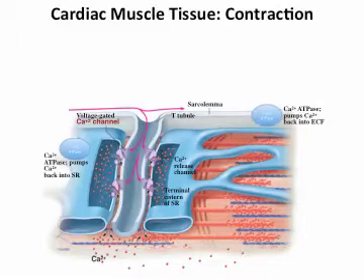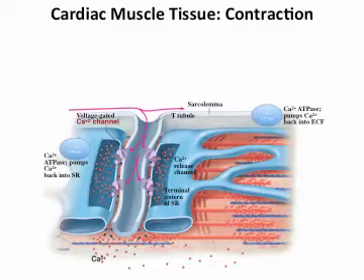This is just a close-up of what's going on when an electrical signal comes into the cardiac myocyte. Find the sarcolemma on the cartoon. That's just the plasma membrane of the cardiac myocyte. And then you can find the T-tubule. If you follow down inside the T-tubule, you'll see these voltage-gated calcium channels.